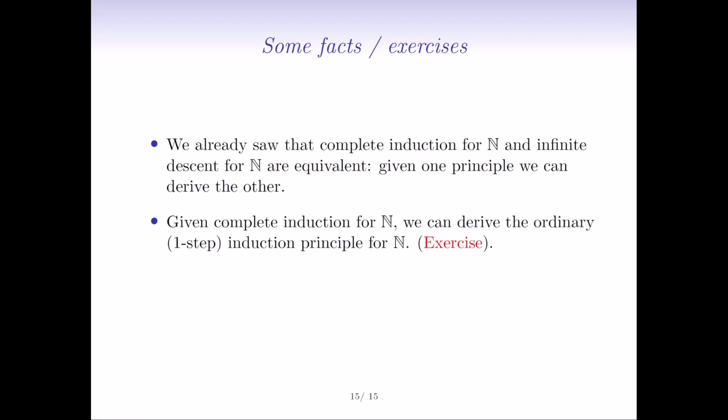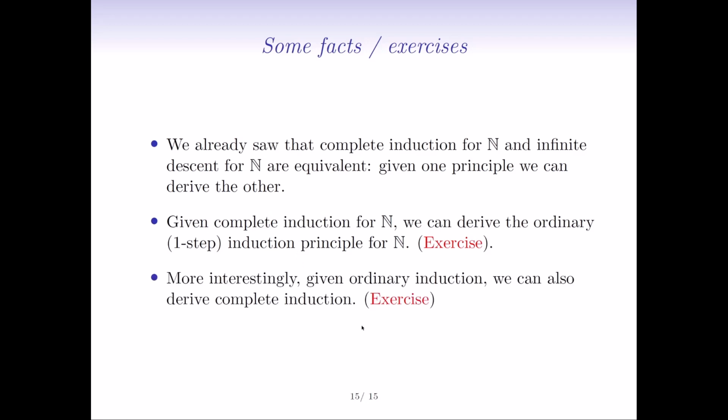So first of all, we can derive the ordinary one-step induction principle for the natural numbers using complete induction. So if complete induction is our only tool, then we can definitely get one-step induction back again for free. In other words, if we know that P is true of 0, and that if it is true for k, then it's true for sk, then using complete induction, we can deduce that P is true for all numbers n.